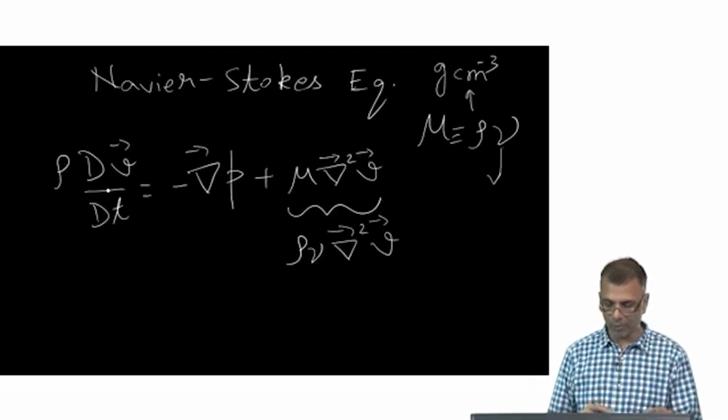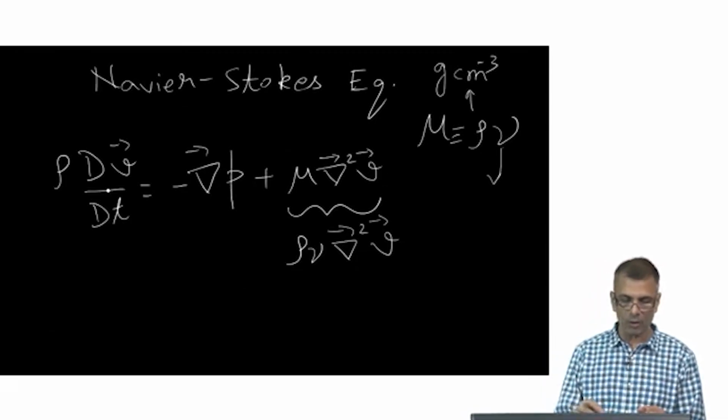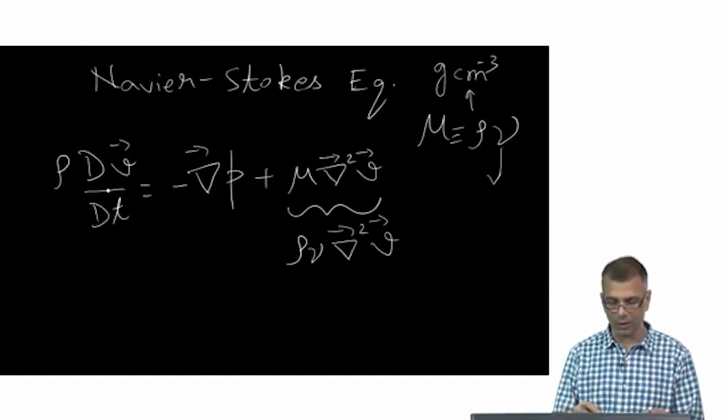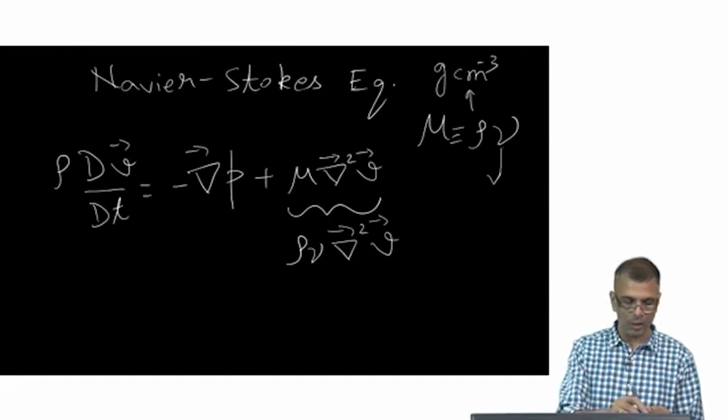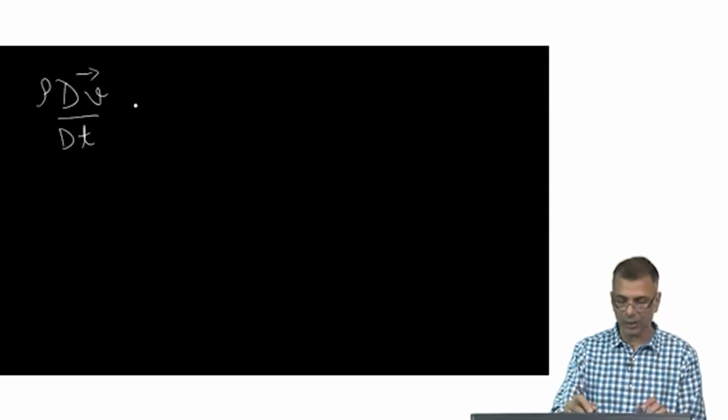So before that, let's write down what's called the order of magnitude of these terms. Let me repeat the Navier-Stokes equation for a minute. It's important to have this on the same slide as what we are writing things down.